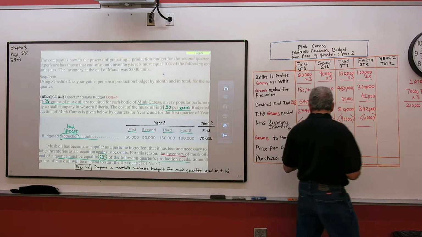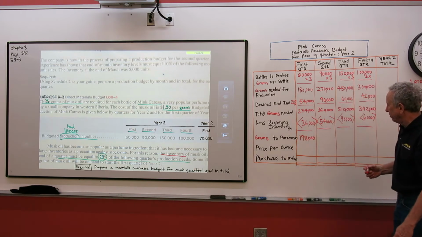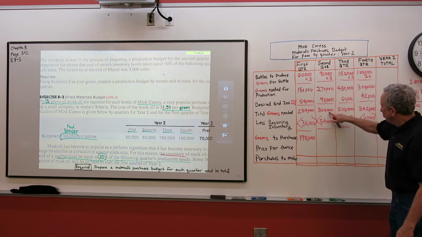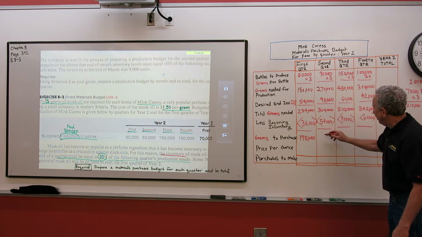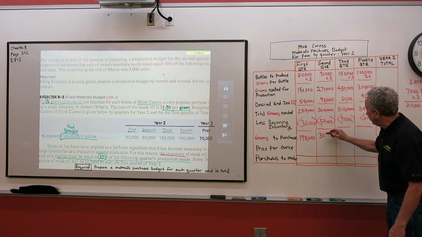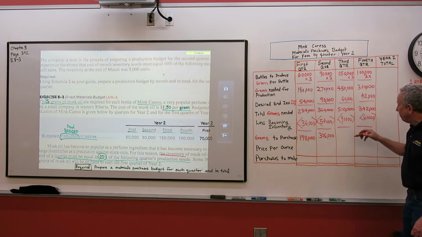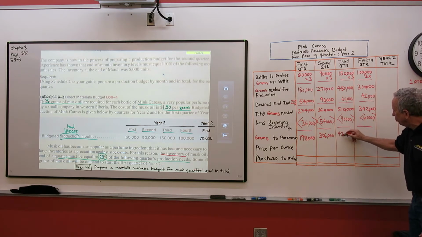We need 198,000 grams. What about 360 minus 54? I think that's going to be 306,000 grams. 90 from 510 is going to be 420,000 grams.